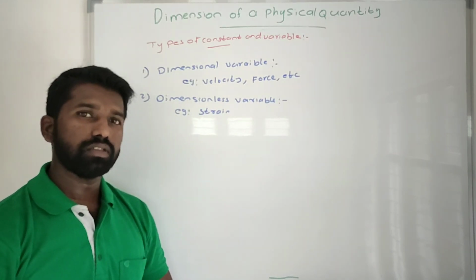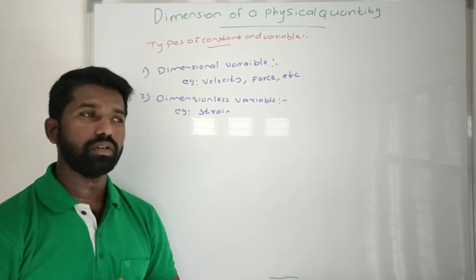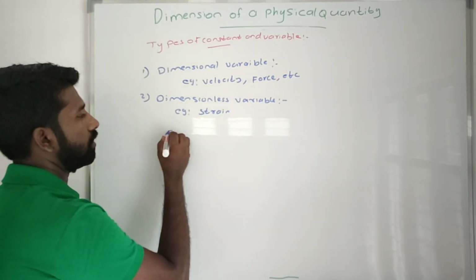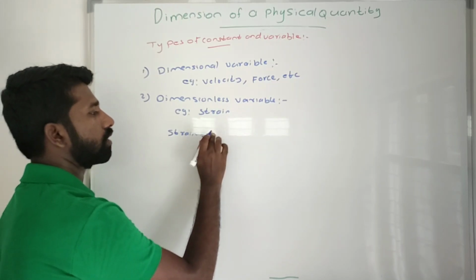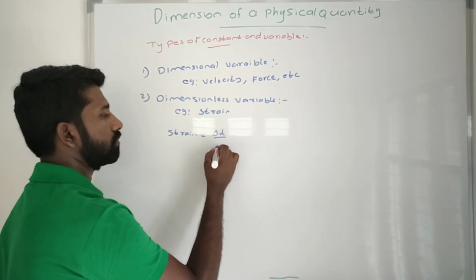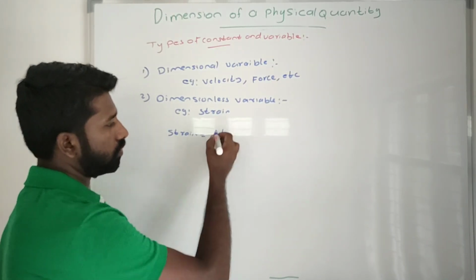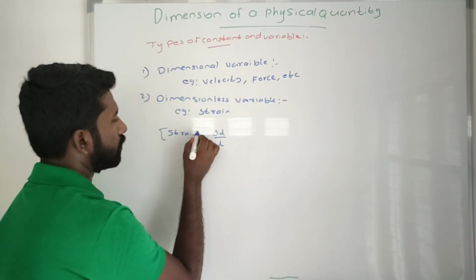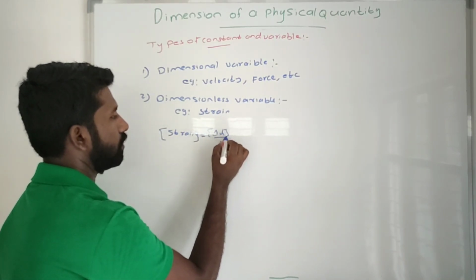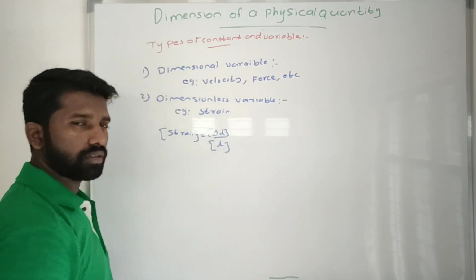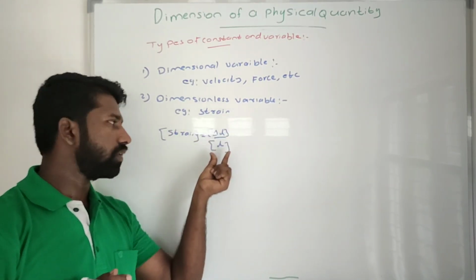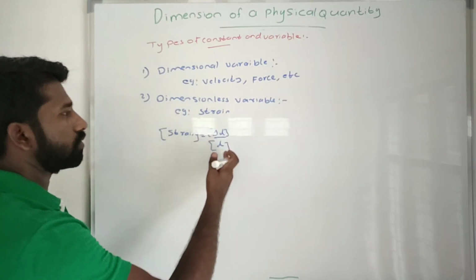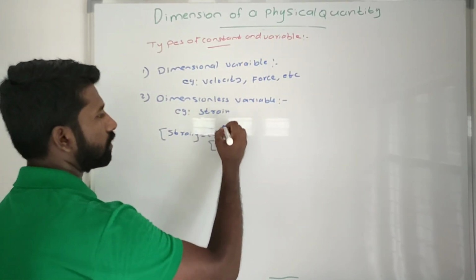You will study it in the chapter of mechanical properties of solids. What is strain? Any idea? Strain means change in length by original length. If we take the dimension of strain, the dimension of change in length is the same as length, divided by L. So what? It has no dimension. This length and length cancel.